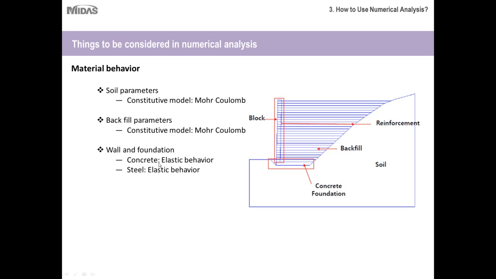So it is safe to assume that your concrete behavior is elastic and steel behavior is also elastic. And then you can use different types of reinforcement depending upon what type of model you are working on. Is it a 2D analysis or 3D analysis? You can pick from different types of reinforcement options available, like geotextile, anchor, soil nails, and blocks.